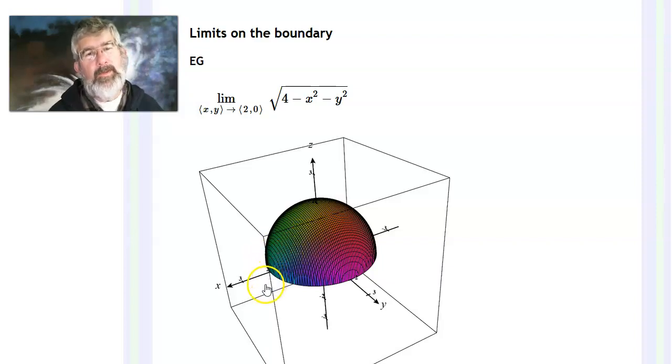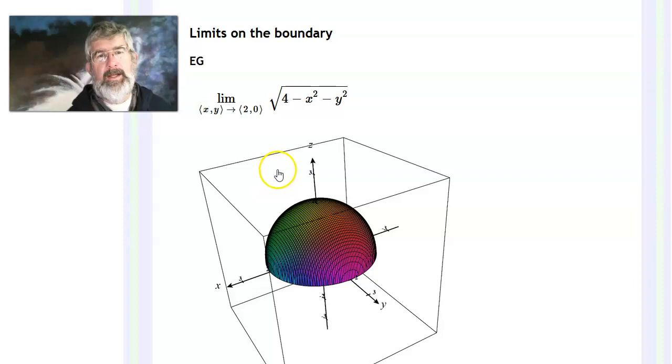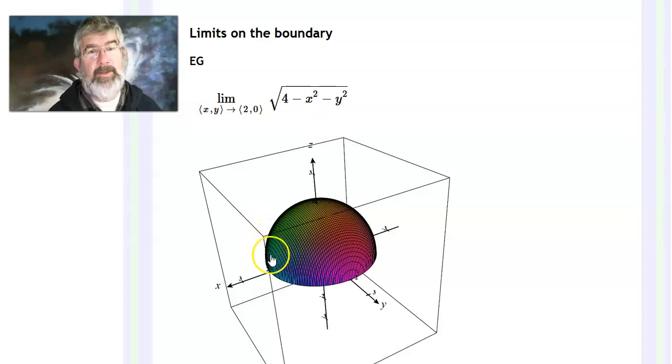When you take a look at what those definitions are, they say: for each epsilon bigger than 0 there exists a delta such that if (x, y) is in the domain of the function and (x, y) is no more than delta away from (a, b), then |f(x, y) minus L| is less than epsilon. So they have to take an intersection of that little delta disk around the point (a, b) and the domain of the function.